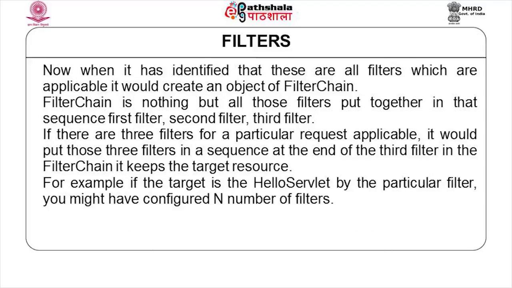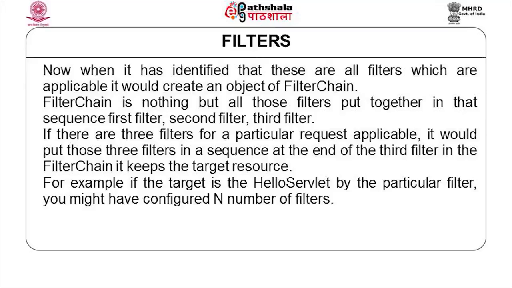So, FilterChain always has a sequence of filters, and after the last filter it keeps the target resource. Maybe if the target is a servlet, let us say for example, our hello servlet is being targeted by a particular filter. You might have configured n number of filters, maybe 5-6 different filters in our application, but for this URL maybe 3 of those are applicable, 3 of those have qualified.